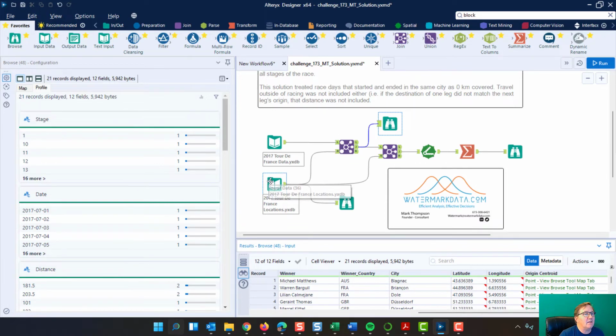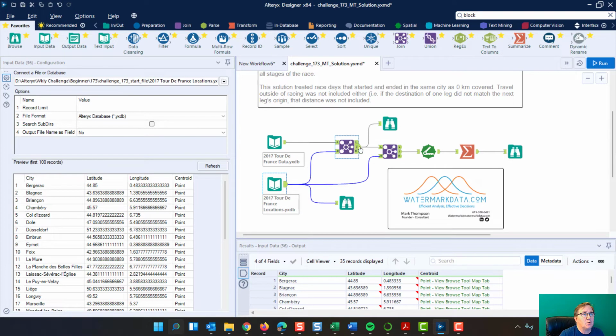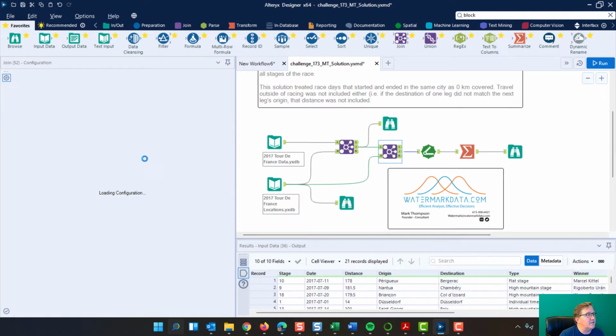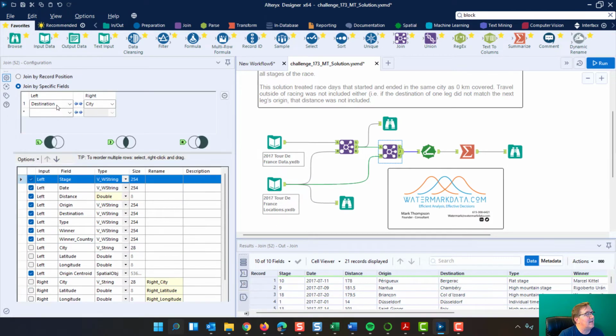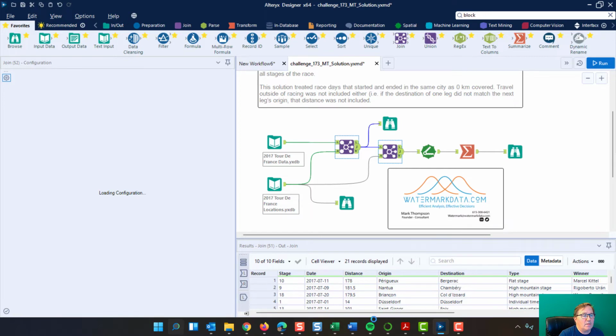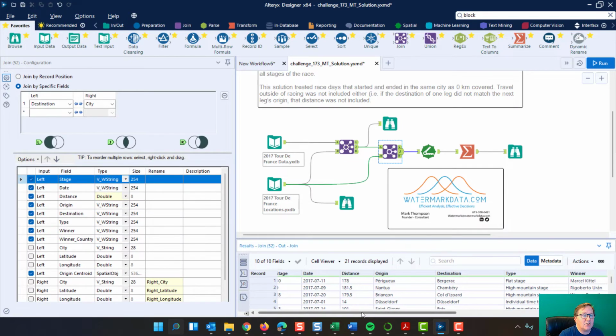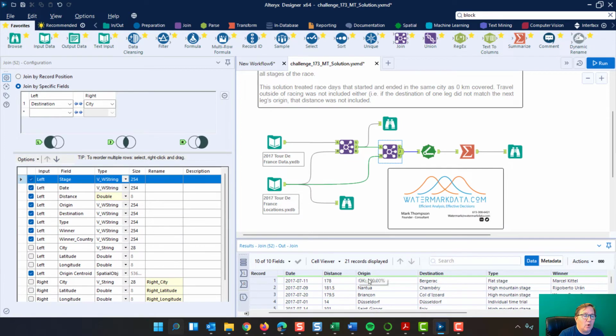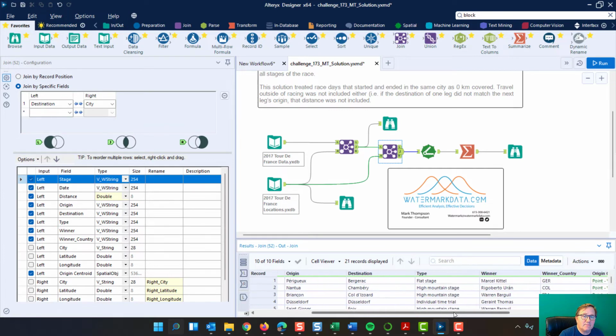Now let's take and use that data and our joins and identify what was our finishing city, what was our destination. And we join it back to this same one where it's got the city, and we do the exact same join, only this time it's the destination, not the origin.